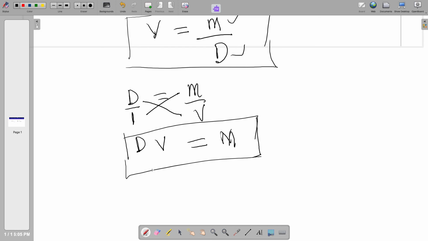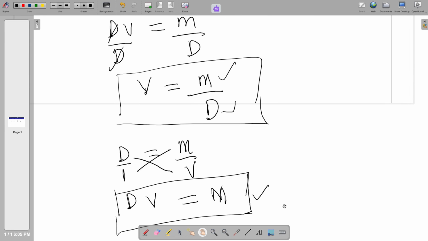You just cross multiply and M is standing alone. However, as you've seen before, it's difficult to isolate V if you forget that you have to divide by density. That is always where some students get into trouble. They always forget to divide by D in order to isolate V.